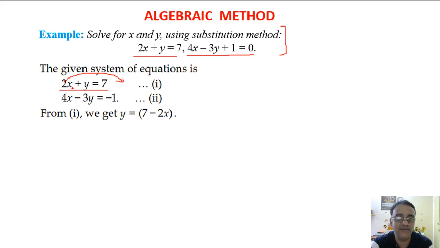From equation 1 we get y is equal to 7 minus 2x. सो ये स्टेप नंबर 1 था.